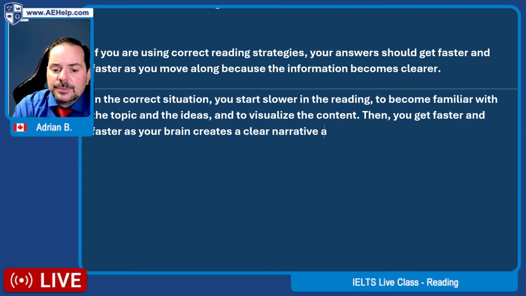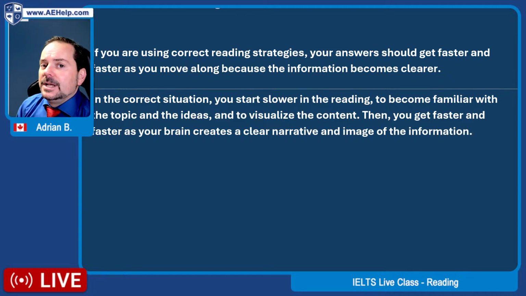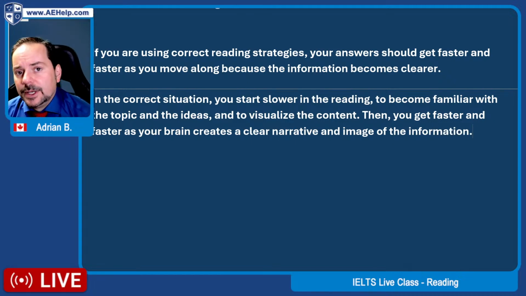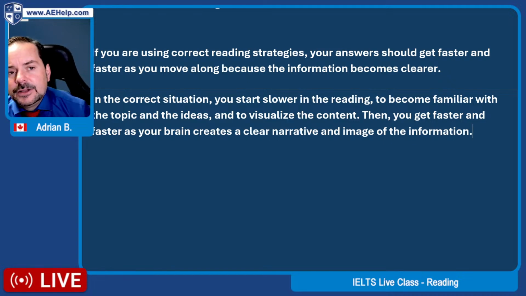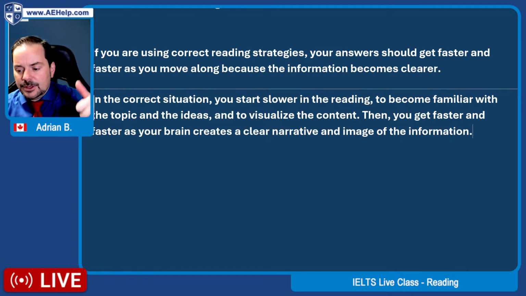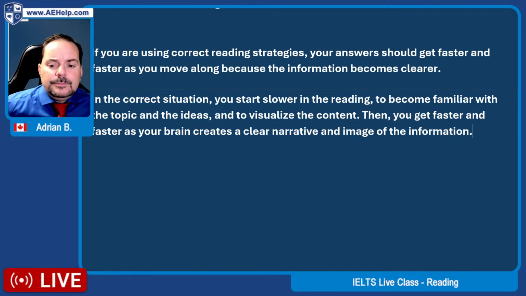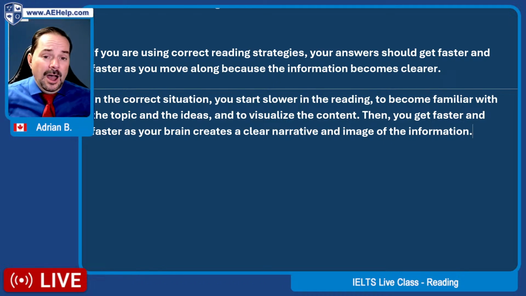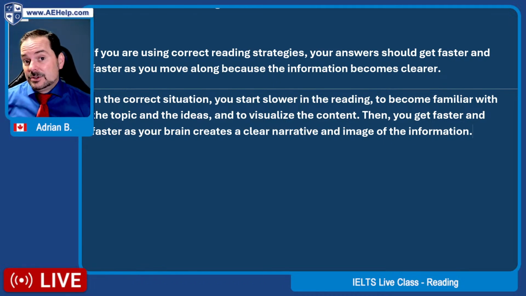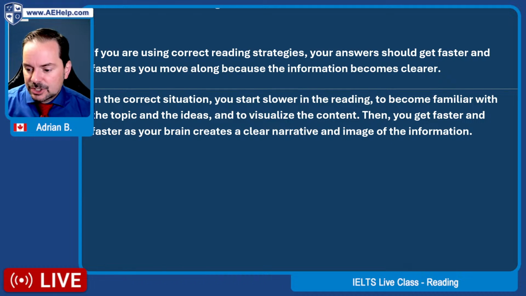Narrative means story, and image of the information. Okay, if that's not happening, you need to change what you're doing. Does that make sense, everybody? If you get what I'm saying, give me a thumbs up in the chat. If you don't get what I'm saying, definitely watch more and more of these videos and use the premium package. Okay.